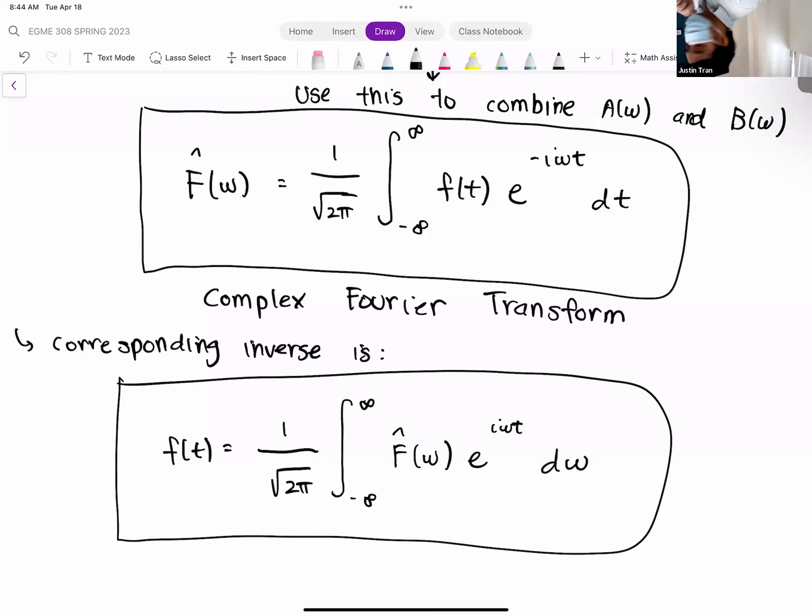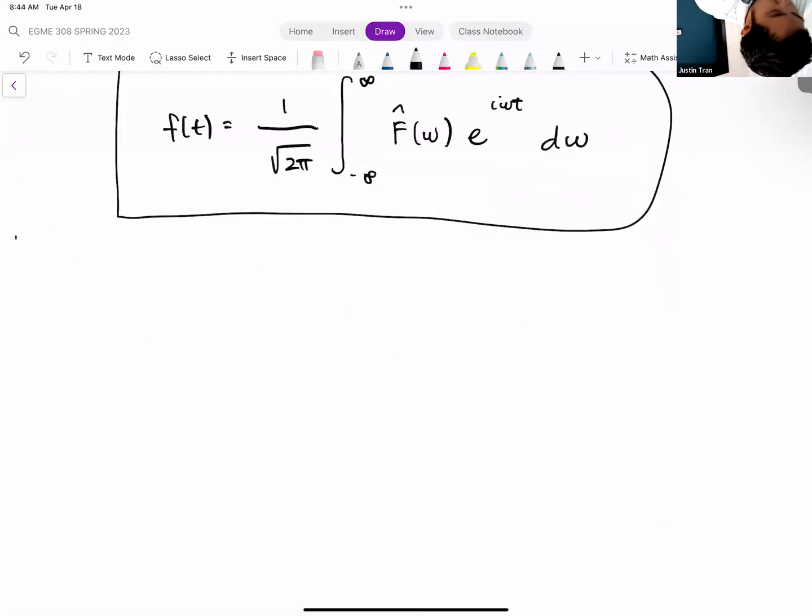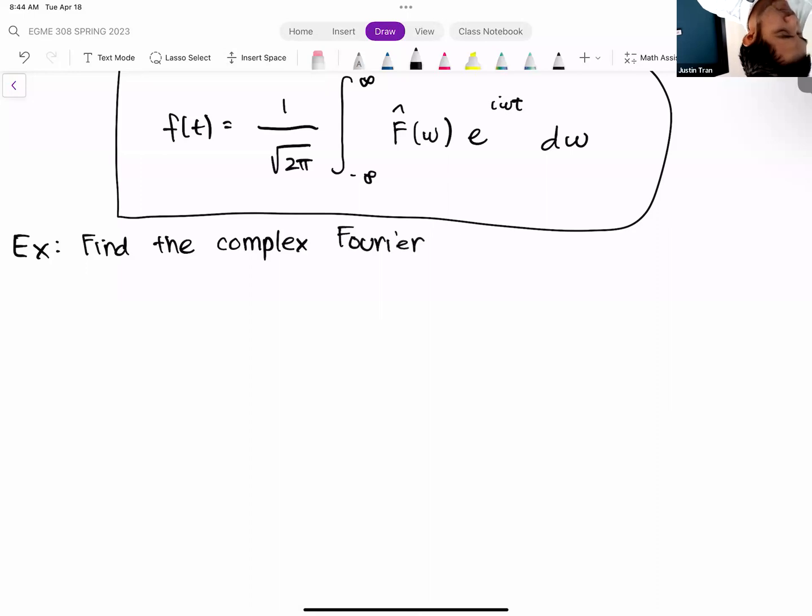Okay, so let's do an example to see how this is done in practice. All right, so for this example, let's find the complex Fourier transform of the following function.